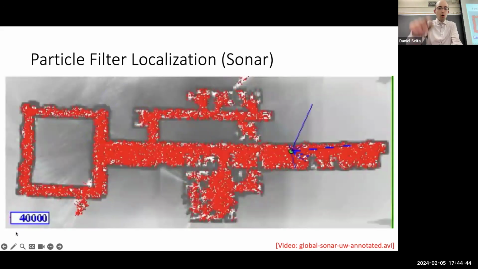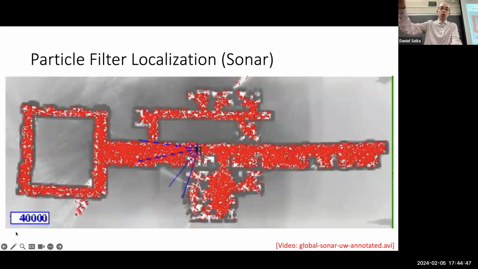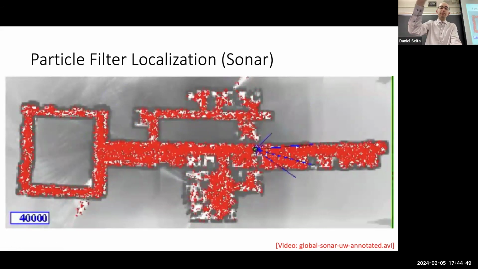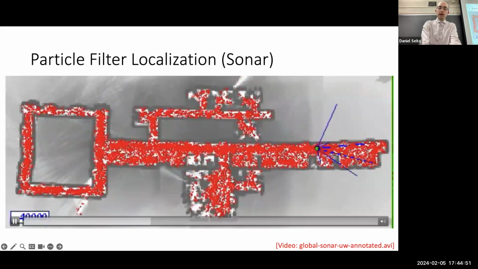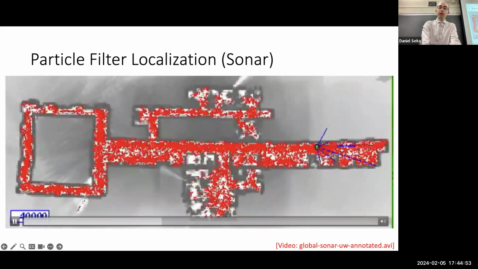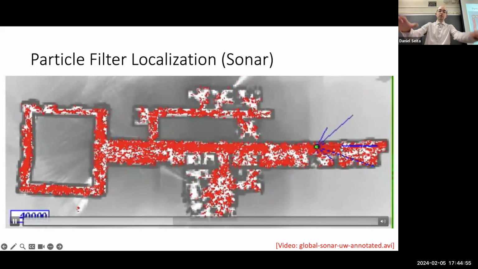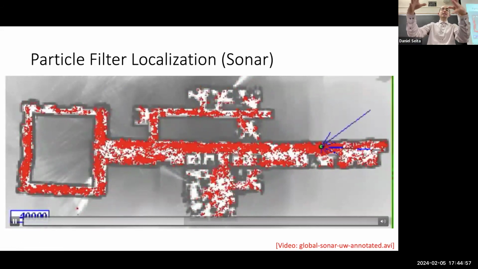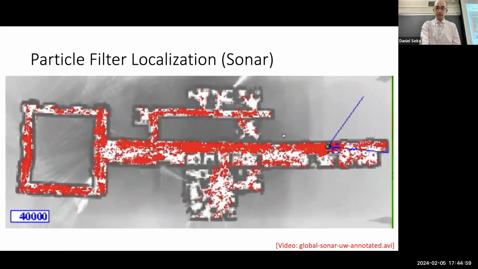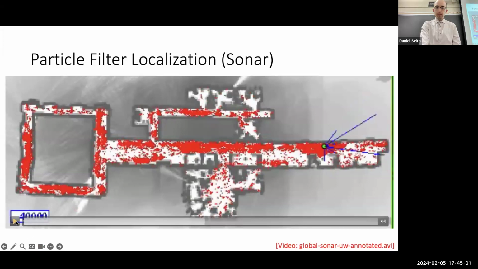All right, so as the robot moves, look at what's happening to the density of the particles. As the robot keeps moving, a lot of the particles become more concentrated near where the robot is. If you follow what's happening there, the robot was moving from somewhere near the center in that direction.